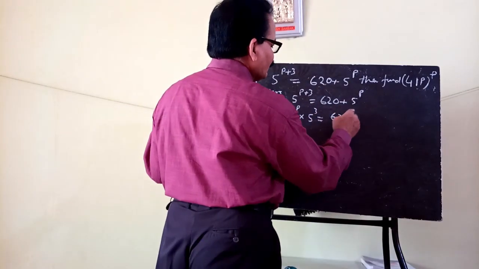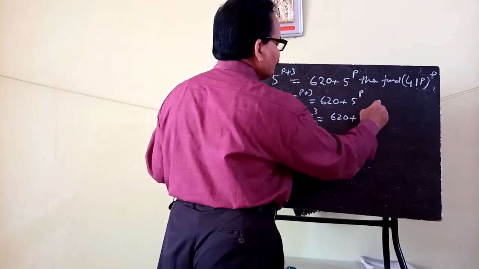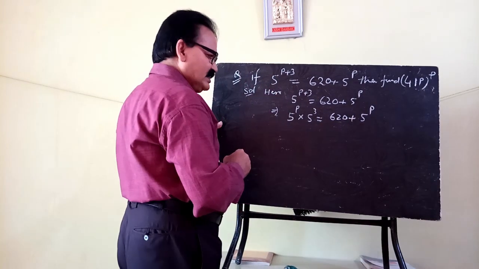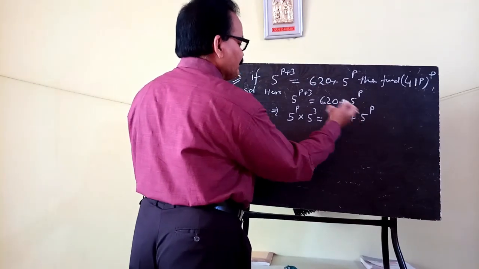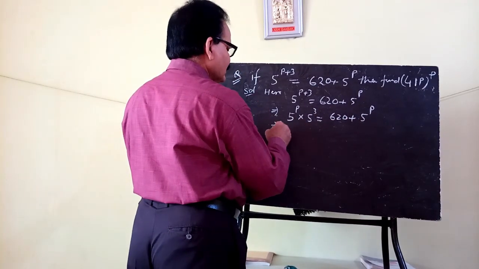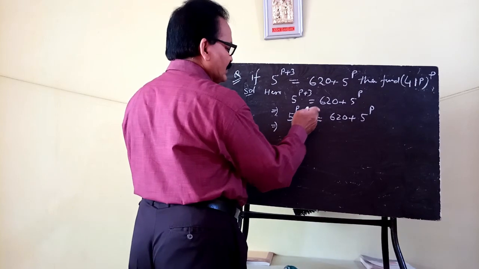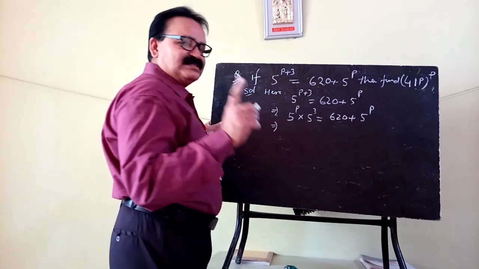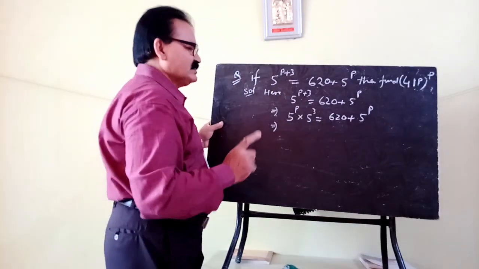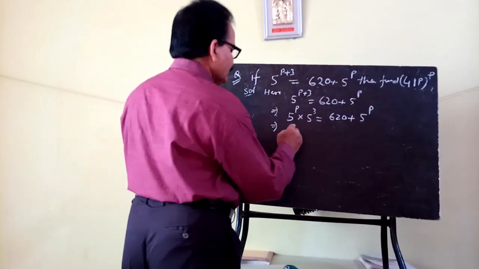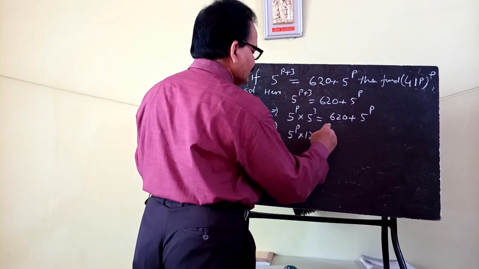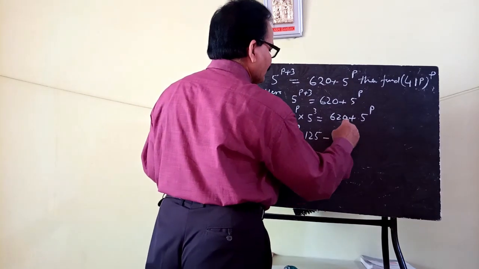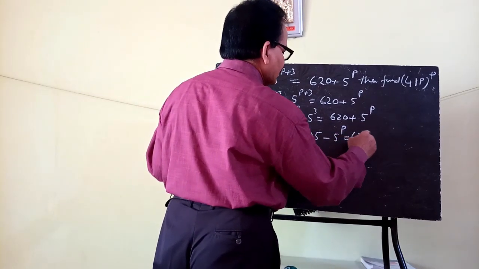Now you take 5 to the power p to this side, and 5 to the power 3 means 5 into 5 into 5, that is 125. So this is 5 to the power p into 125 minus 5 to the power p is your 620.